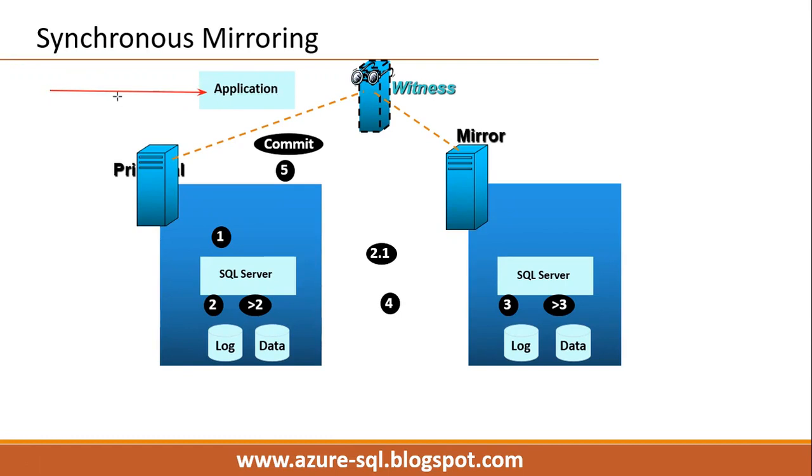The application server will then submit the request to the principal server, which is our production server.